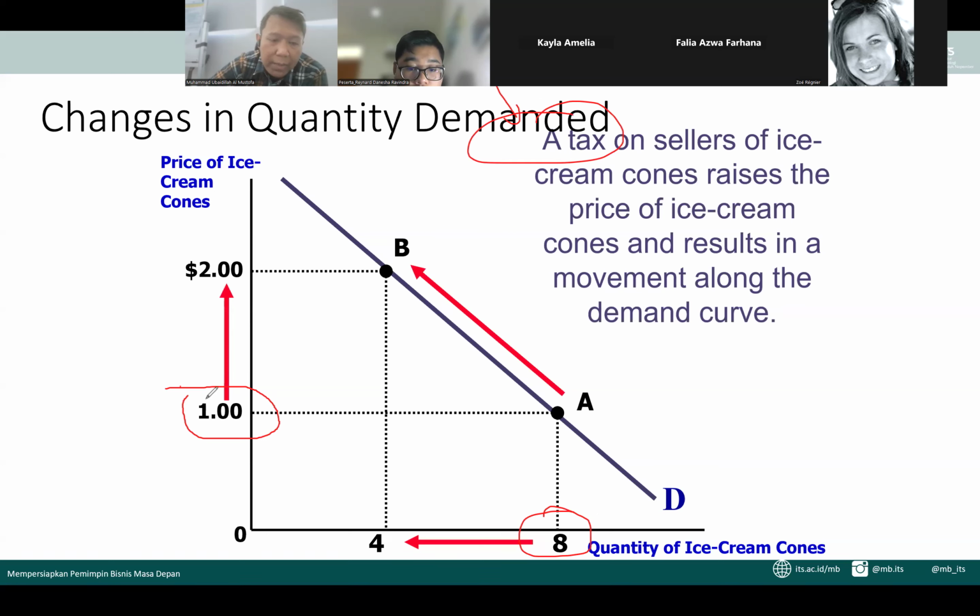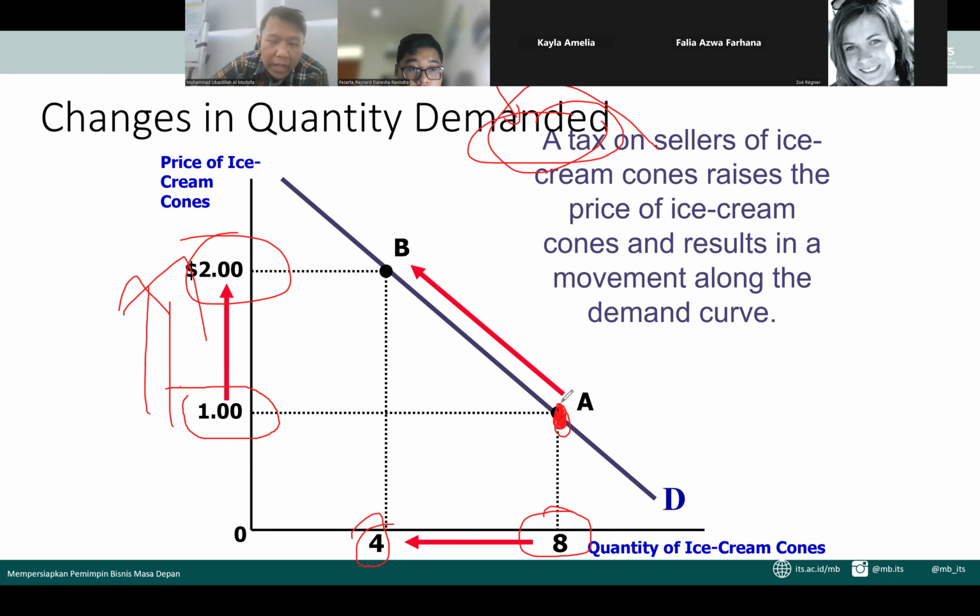When the government imposes a tax, the price will become higher. Before it was $1, now it becomes $2. When we have an increase in price because of the tax, the quantity demanded will decrease from 8 to 4.